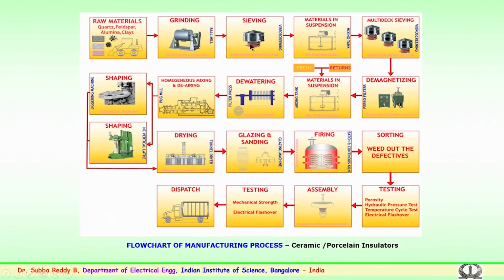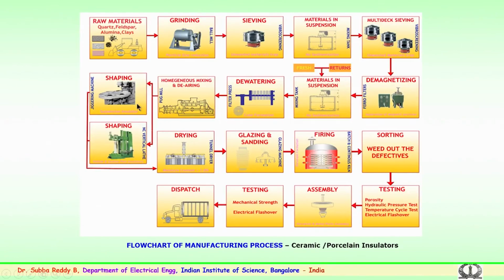Then these ground fine particles are sieved using blade type arrangements, and materials like iron and other particles are removed with magnetic separators. Further, the materials in suspension are sent to dewatering, where 18% of the water is removed, and a homogeneous mix is obtained, followed by drying or airing of the samples.